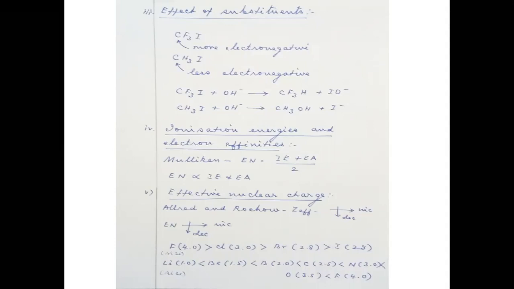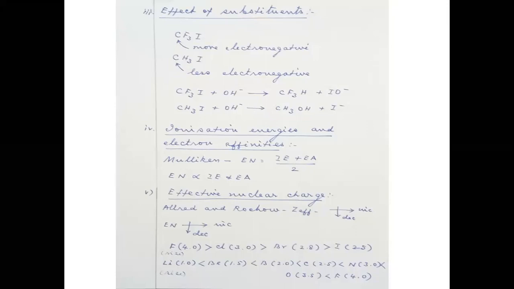Now what happens when the size of the atom increases? The nucleus is not able to effectively attract the outermost electron. And also when the number of inner electrons increases, what happens? Because of the shielding effect, the inner electrons screen the power of the nucleus which has to fall on the outermost electron, so the nuclear charge experienced by the outermost electron decreases.